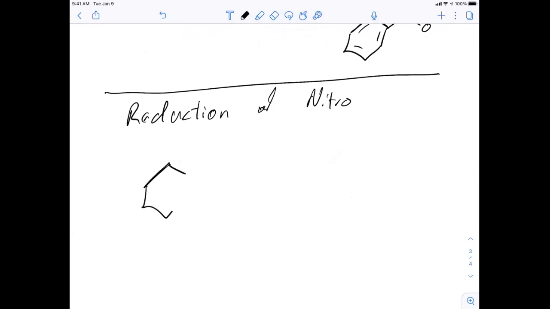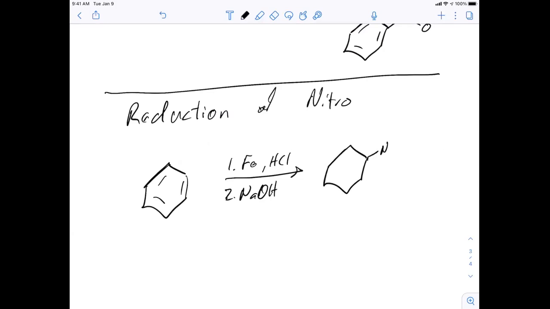So if we nitrate an aromatic, we can then reduce that aromatic in the presence of iron and acid or zinc and acid, followed by a mild base, to give us the amine. So we start with the nitro, we end up with the amine.